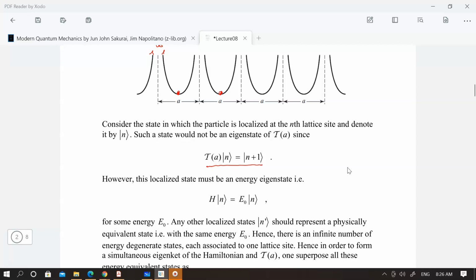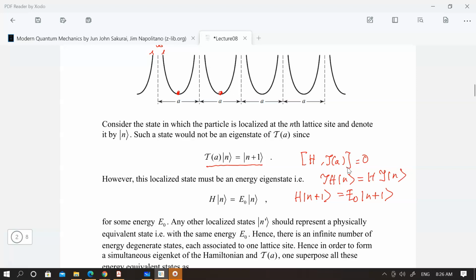So if I go to the next lattice site, you will still have the same energy eigenvalue. In fact, you can prove this just by using your commutator from just now. Because this is 0, I can simply apply tau H on n, and that gives you H tau on n.